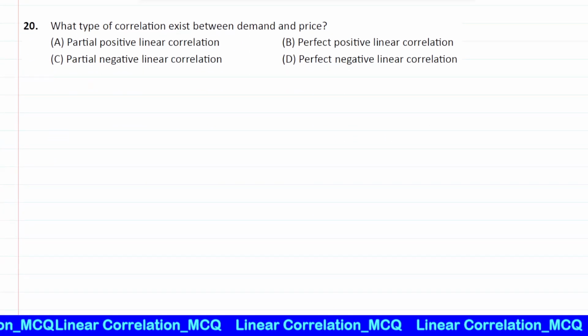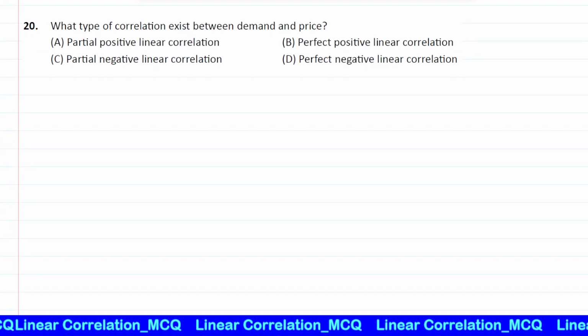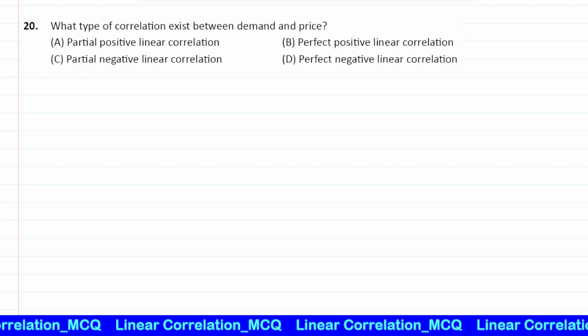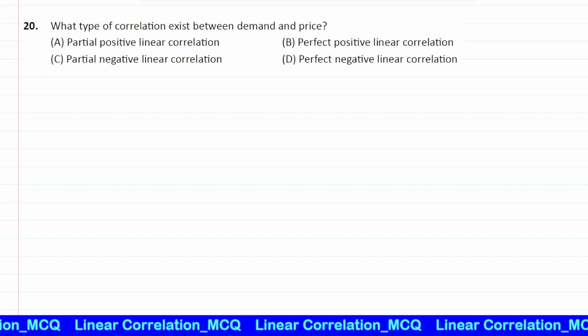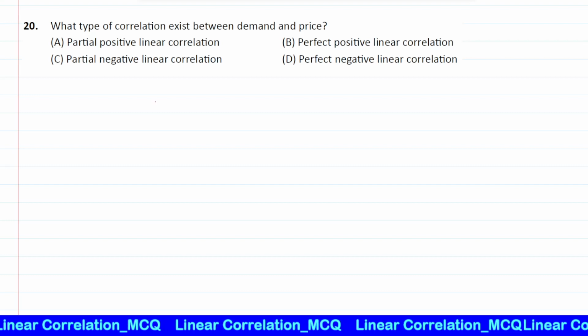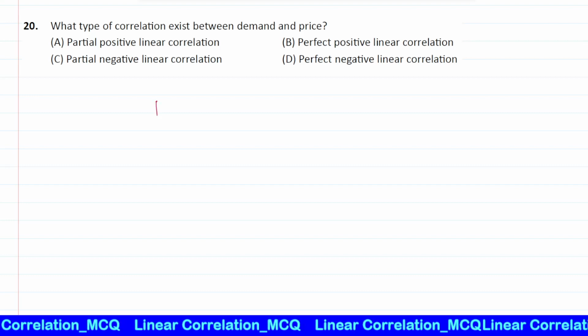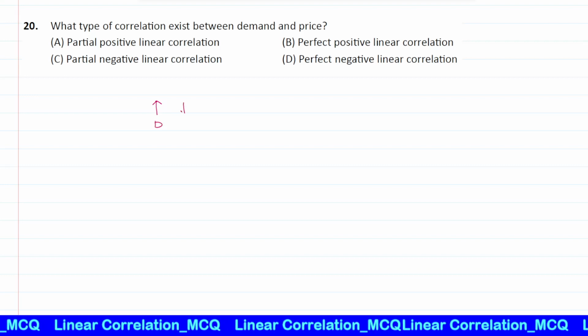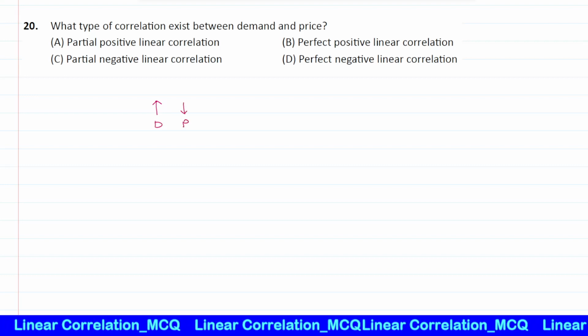Question number 20. What type of correlation exists between demand and price? If demand increases, then the price of a commodity decreases.